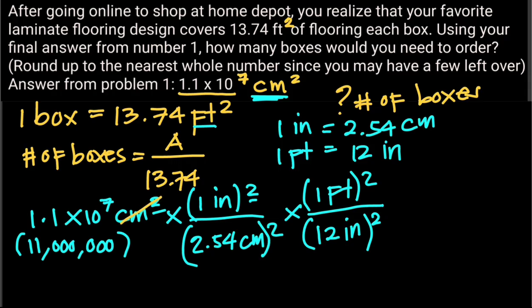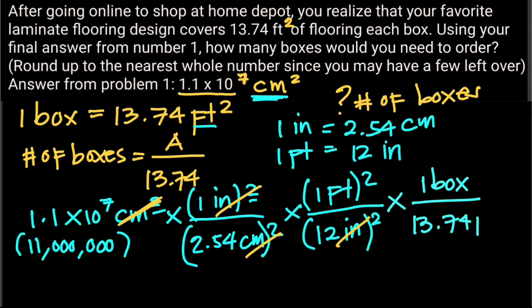The units here will be cancelled, the centimeter squared and the inch squared, and we need to cancel out the feet squared also. So that means we need to multiply this by the ratio of the box and the flooring design. So 1 box is just equal to 13.74 square feet.